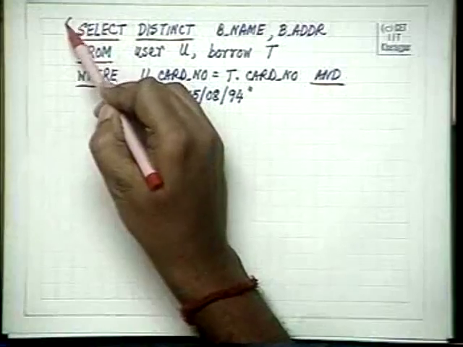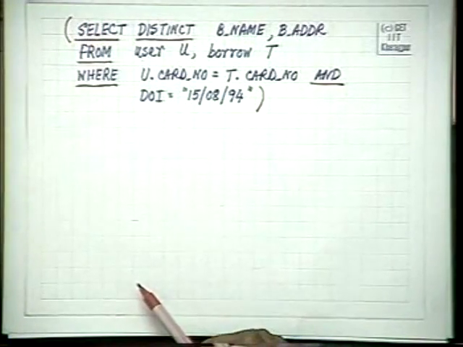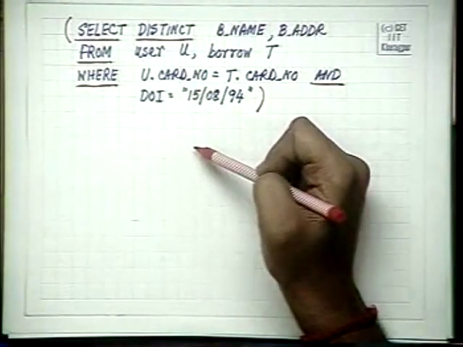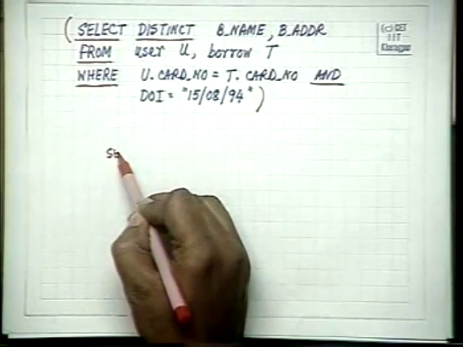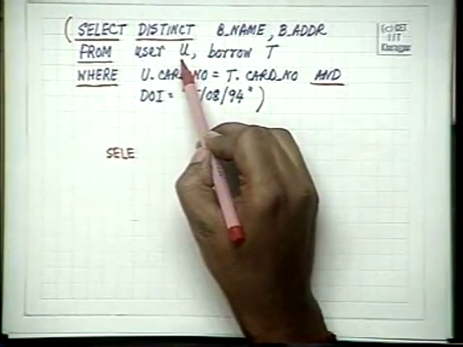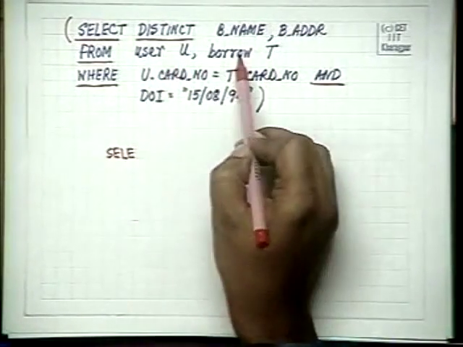The variables u and t, is it only for this or will it be continued for next? The variables u and t will be within the scope of this whole expression. The scope of u and t is the same as the scope of user and borrow.